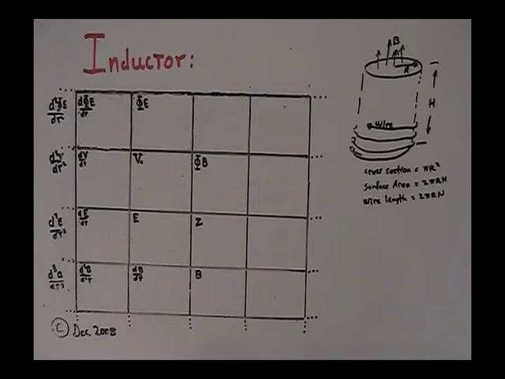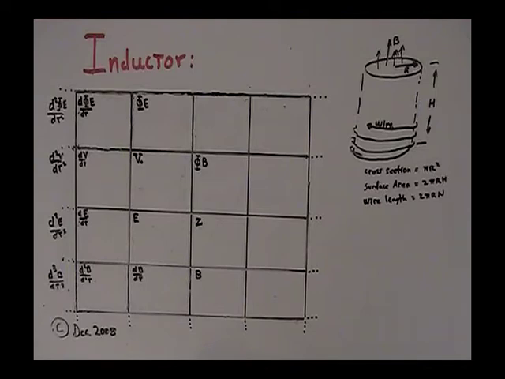Okay, now we know that V equals E times the distance. The distance in question now is the length of the wire, 2 pi rn.